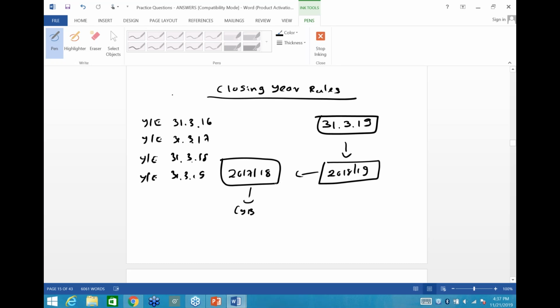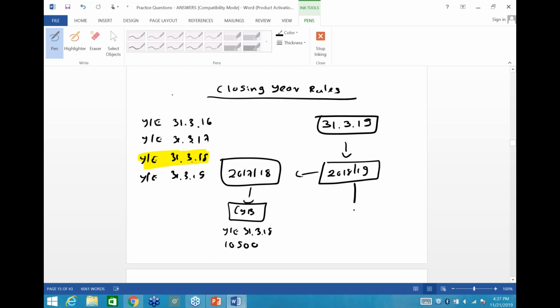So for 17-18, the penultimate year, I must use the current year basis. Accordingly, from these year-ending dates, which date falls into 17-18? You would clearly see year ended 31st March 2018. That profit is how much? 10,500 falls into the 17-18 tax year.